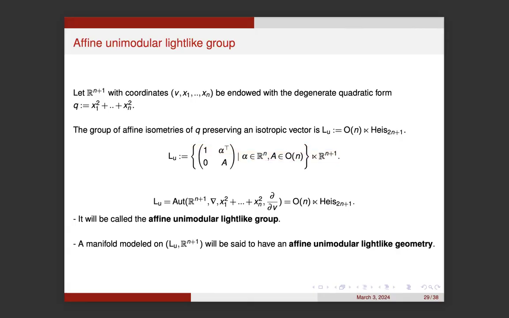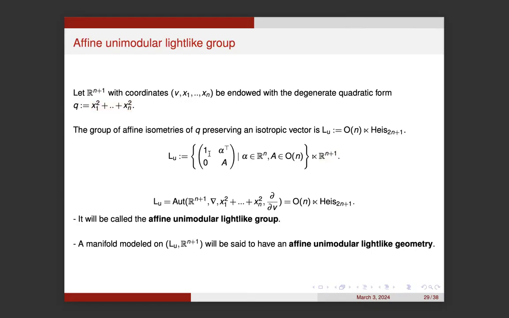So here R^(n+1) is the group of translations. When R^(n+1) acts on R^(n+1) by translations, it preserves the vector v. It preserves this quadratic form, and these are affine transformations.